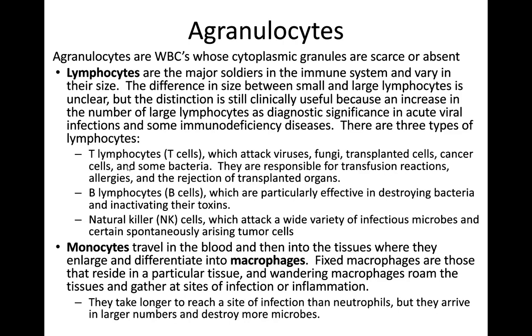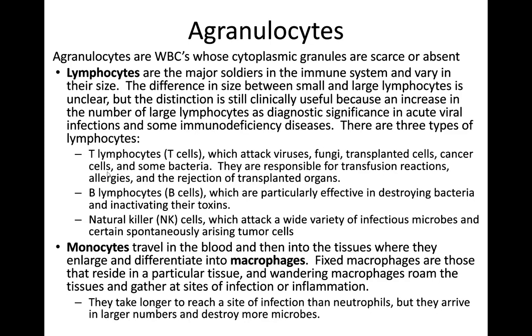The three major functional types of lymphocytes are the T's and the B's, and then the natural killer cells. The T's and the B's we will talk a lot more about next lecture because they provide us with our most sophisticated forms of immunity. T cells are responsible for attacking viruses, fungi, transplanted cells, cancer cells, and some bacteria.